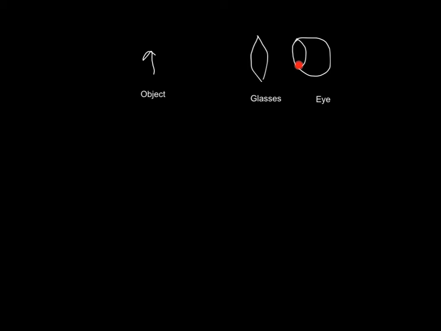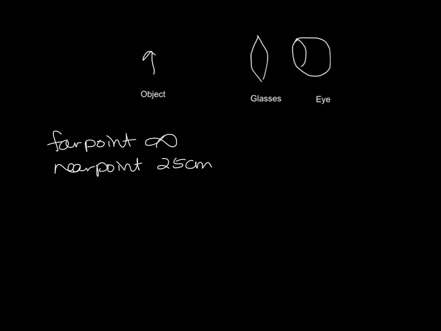And your glasses need to correct so that the far point is infinity and your near point is 25 centimeters. So these distances will be the object distance.